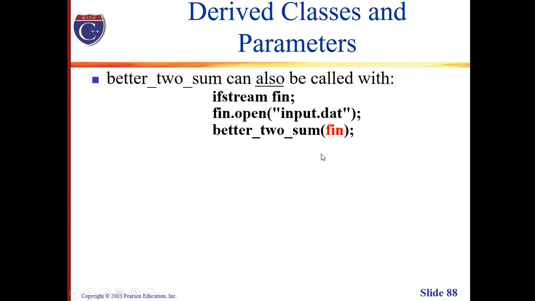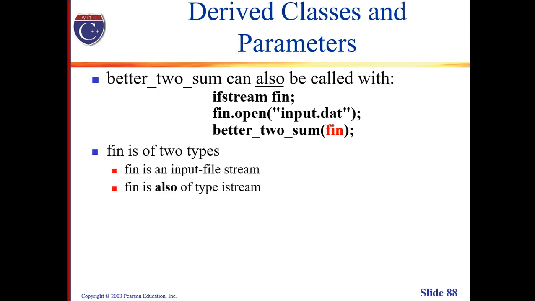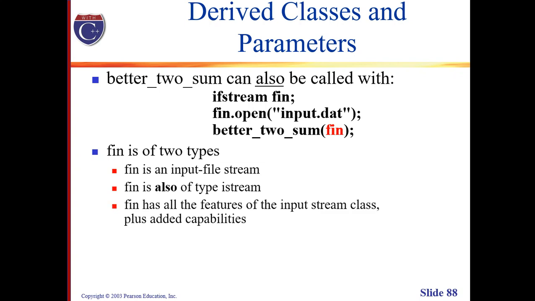So as you can see, we can use either cin or an input file stream such as fin as parameter for our new function. In this case, fin is of two types. This can be an input file stream, or this can be of type istream, such as cin. It also has all the features of the input stream class, plus added capabilities, since it is derived from a parent class, which is the istream object.